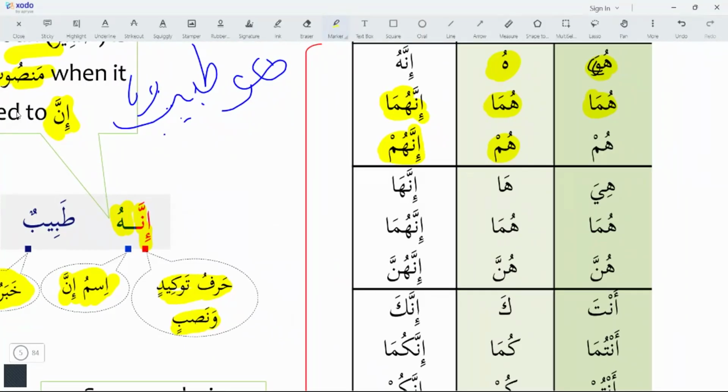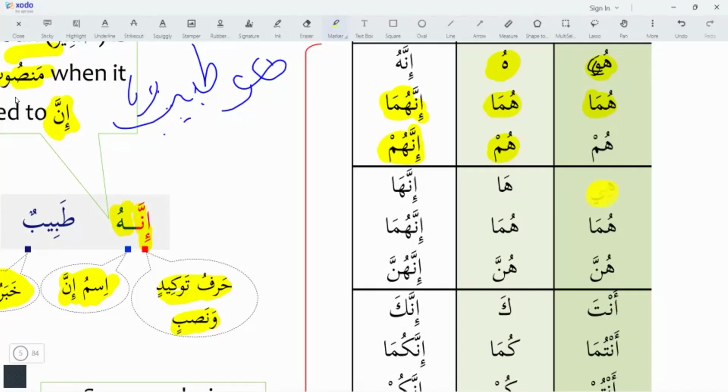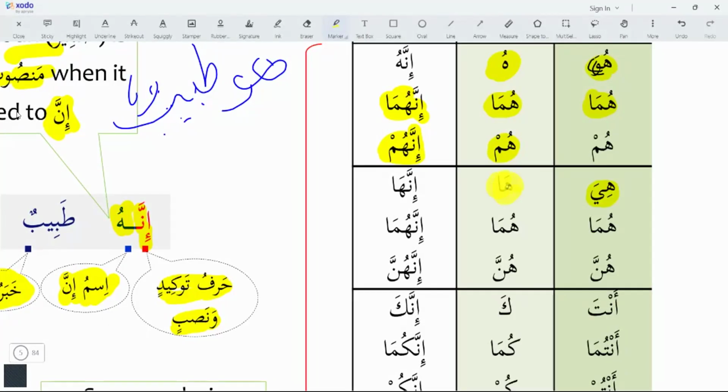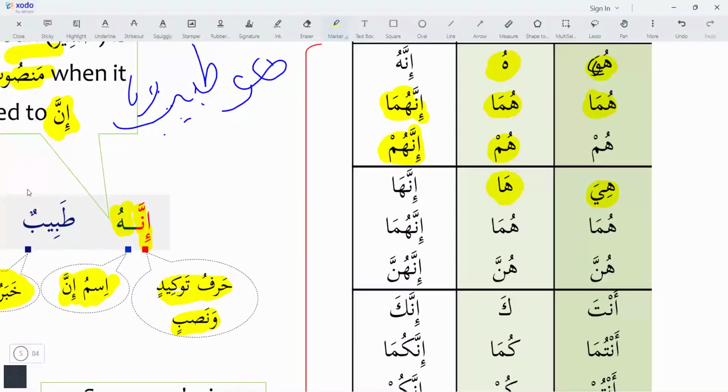And for the third person feminine singular, the attached pronoun is ha. And when we use inna, it becomes innaha. And for the dual, huma, its attached pronoun is huma, and with inna it becomes innahuma.